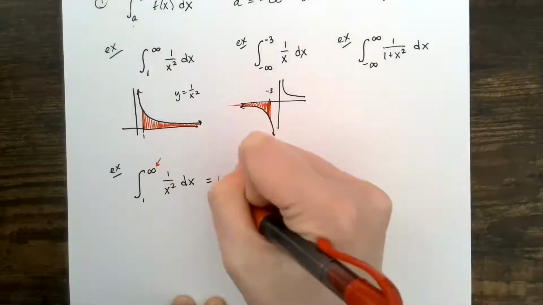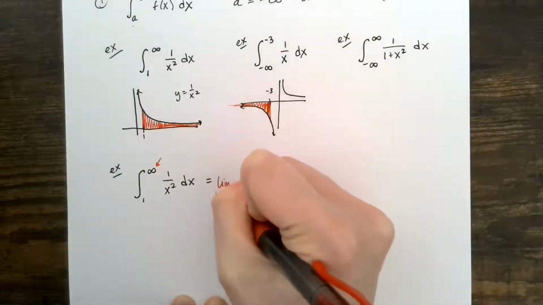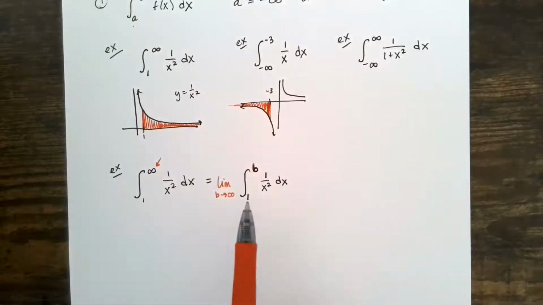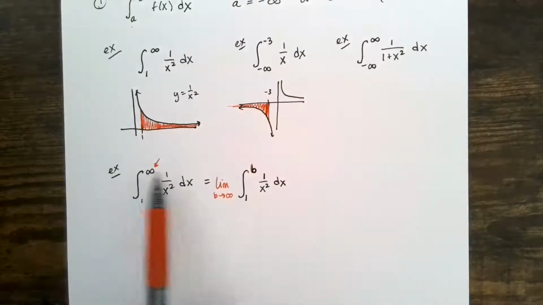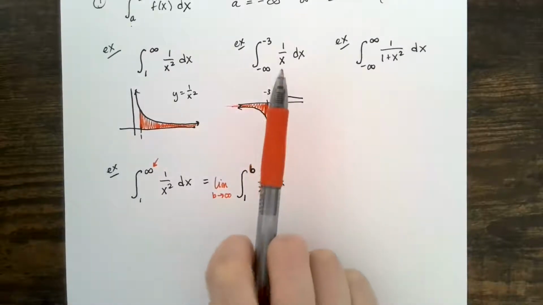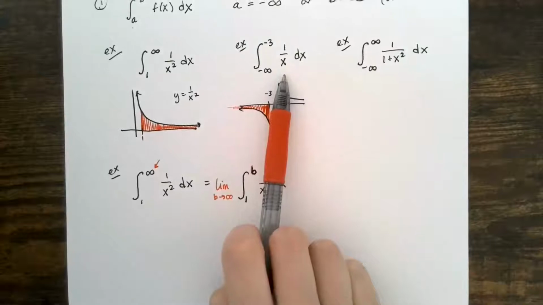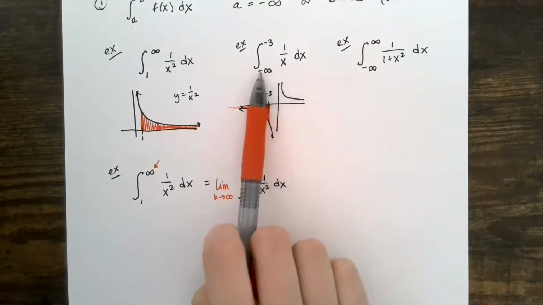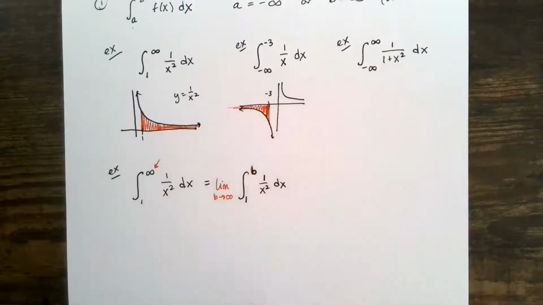And then I'm going to limit that B to infinity. So instead of actually having an infinity there, I put a letter there and then limit that letter to the infinity. And if I was doing this one, let's say, I would do something very similar. I'd put a bottom letter down here and just limit that letter to negative infinity. This is a different story that we'll get to after.